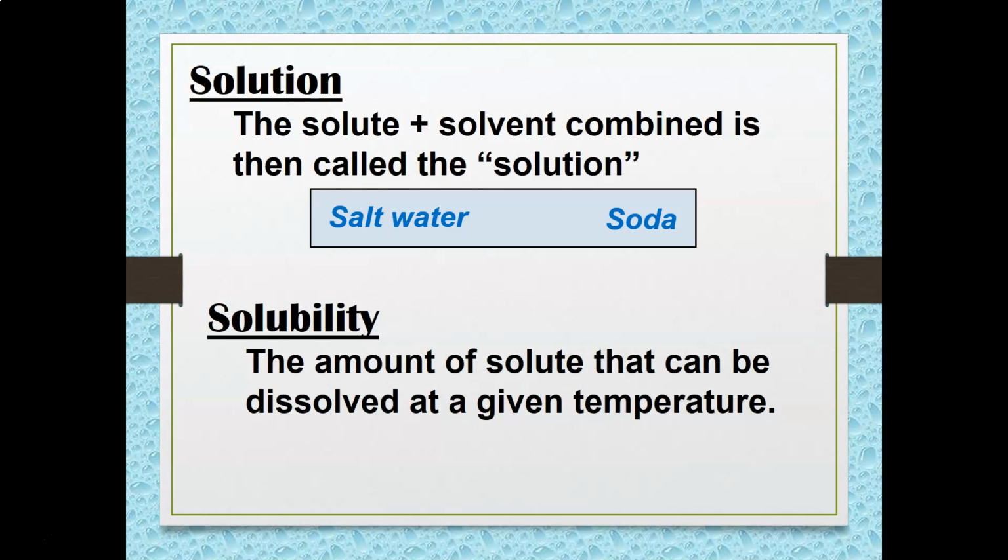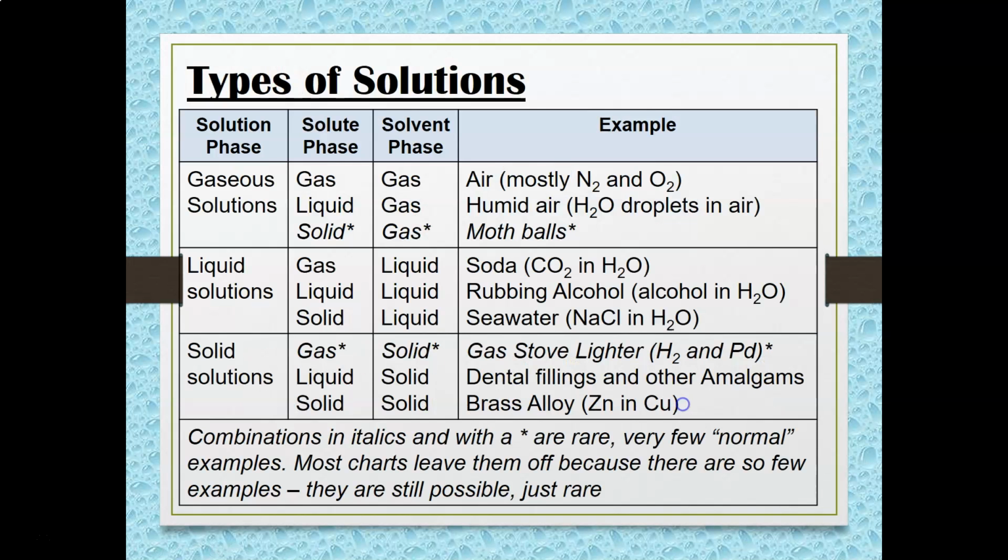There are all sorts of combos of solutions, lots of different ways you can mix things together, different phases and combinations. So you do not need to copy this big giant chart down, just look at it. I'll walk through it. You could have a gaseous solution, which is either a gas mixed with a gas, or a liquid mixed with a gas, or a solid mixed with a gas.